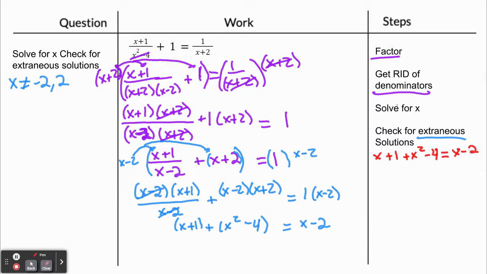Next is just to solve for x. In this case, I'm going to solve for x by putting everything on one side of the equation. So I'm going to subtract x and add 2 on the right side to get rid of everything over there. And then I have to do that to this side as well, minus x plus 2.